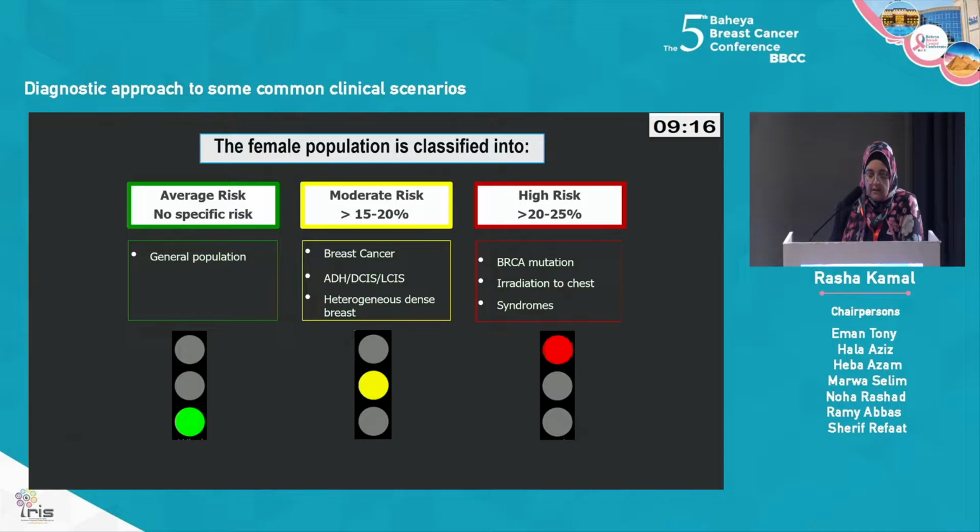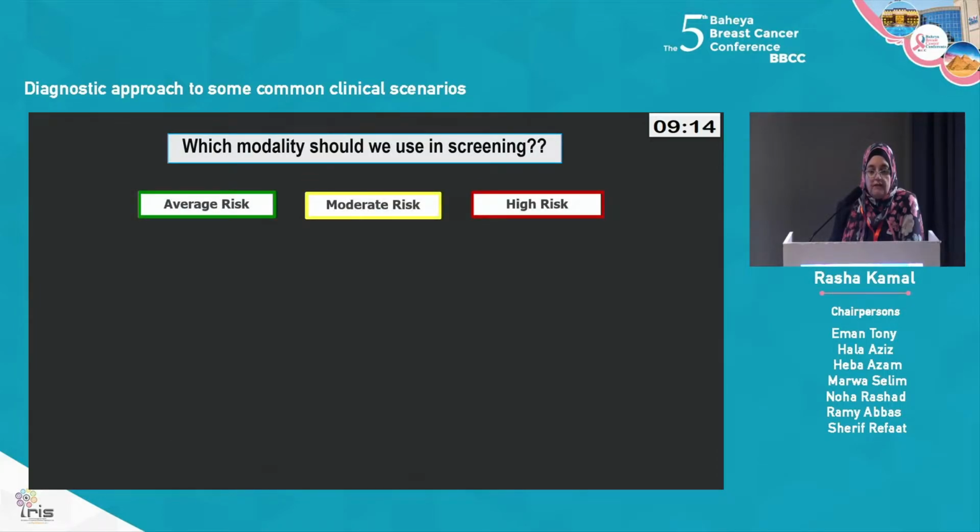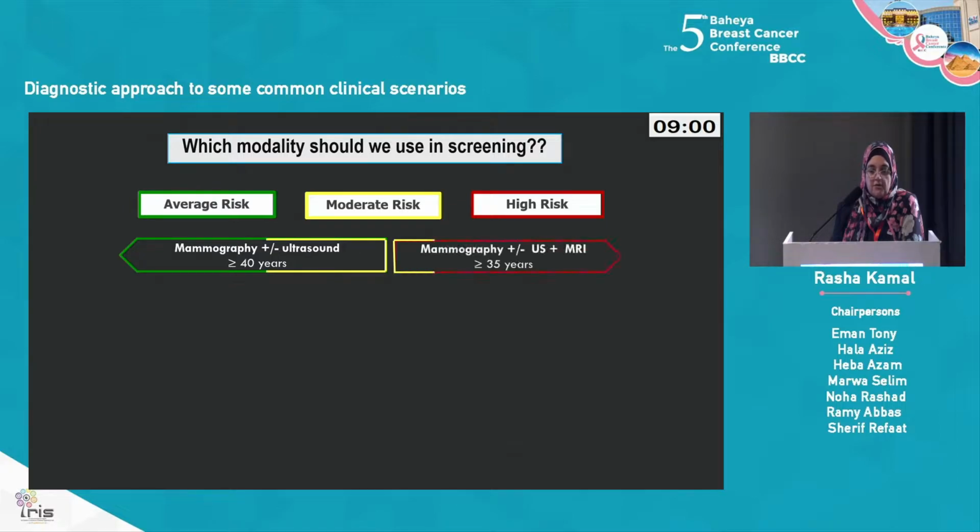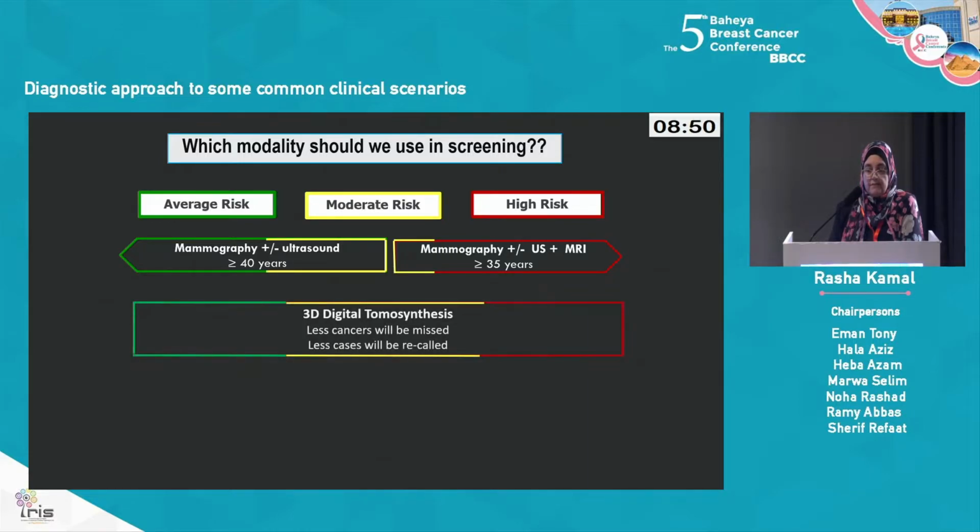For the average and most of the moderate risk individuals, we do a screening mammogram, which might be complemented with an ultrasound examination starting at the age of 40 years. For high-risk individuals and selected moderate-risk individuals, we do a mammogram at an earlier age. It's not only complemented by an ultrasound, but it should be complemented with an MRI as well.